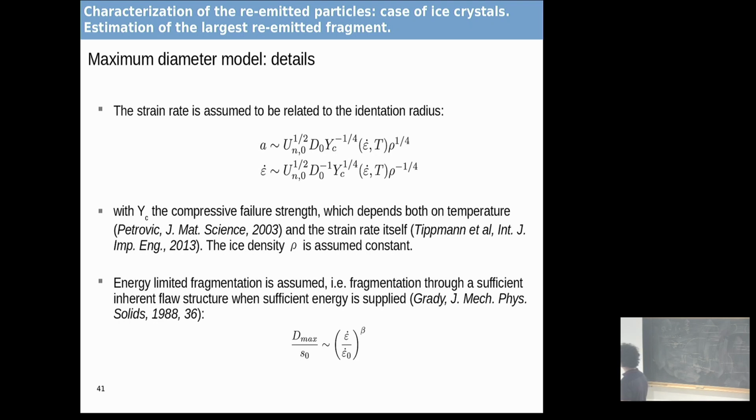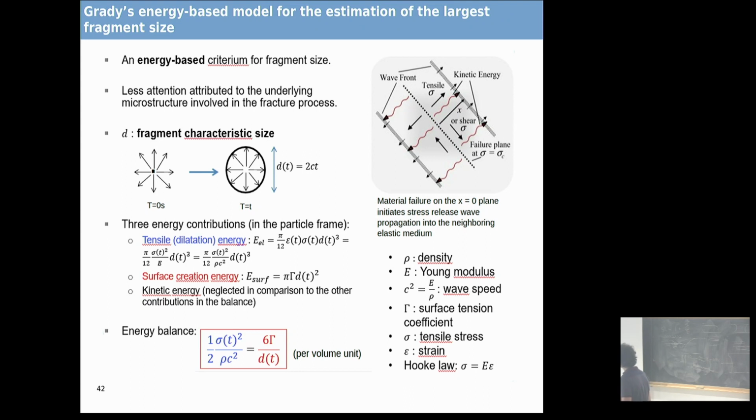In the theory of Grady, the energy-limited fragmentation assumes that the ratio between the maximum emitted diameter and the size of the impinging particle is given by this law, knowing this strain rate. How it works is not that difficult.